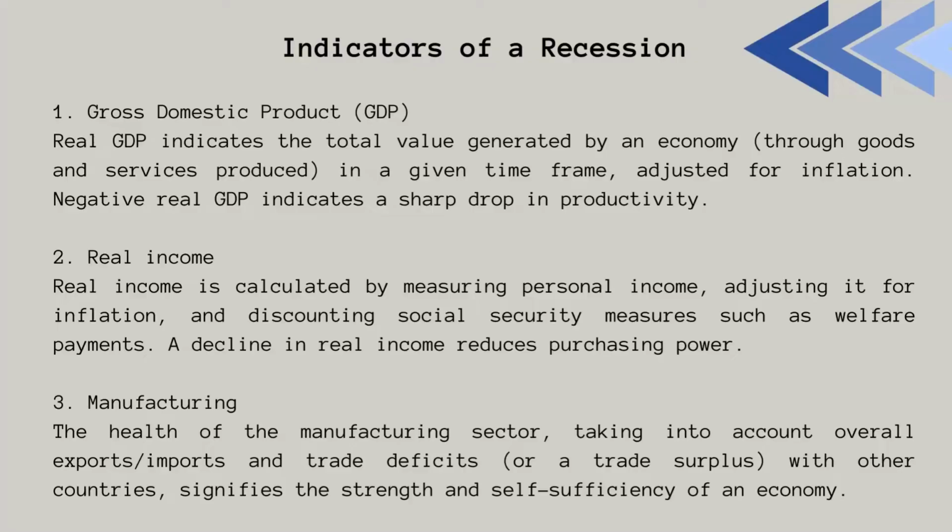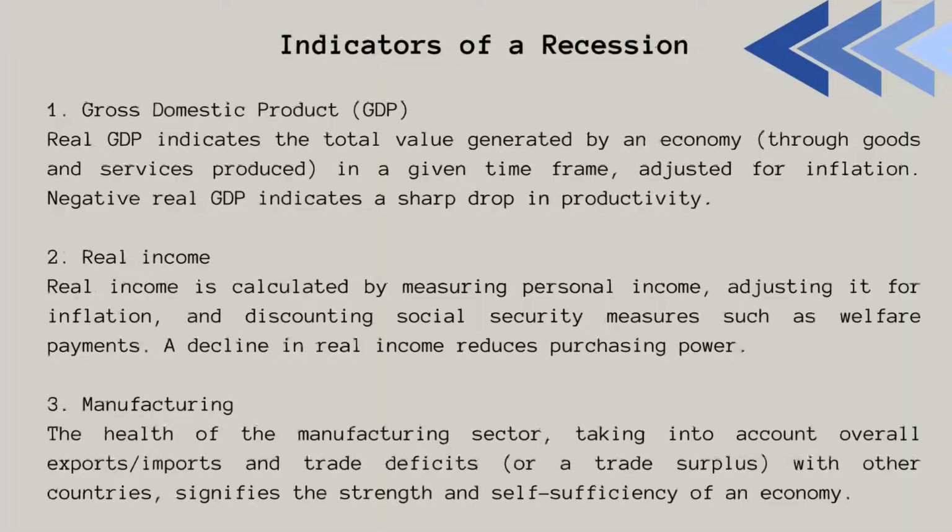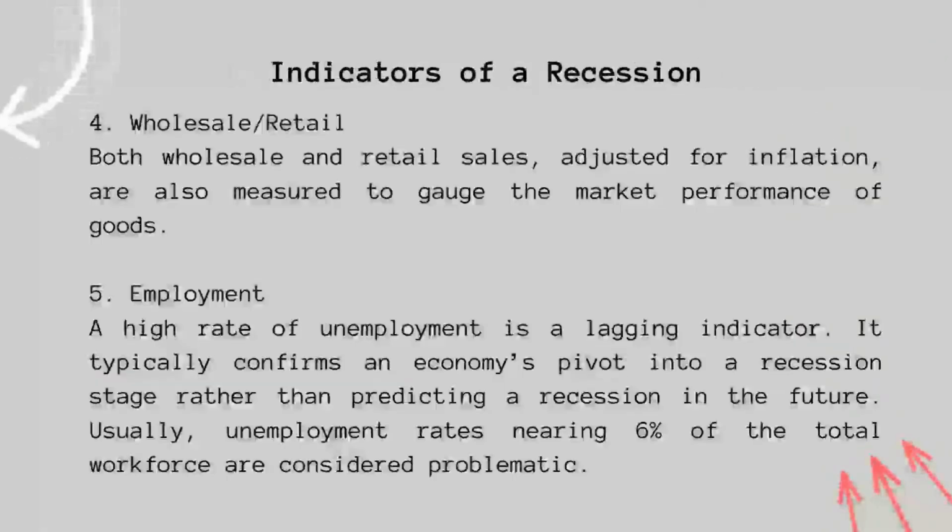Number three, manufacturing. The health of the manufacturing sector, taking into account overall exports, imports, and trade deficits or trade surplus with other countries, signifies the strength and self-sufficiency of an economy. Number four, wholesale and retail. Both wholesale and retail sales, adjusted for inflation, are also measured to gauge the market performance of goods.